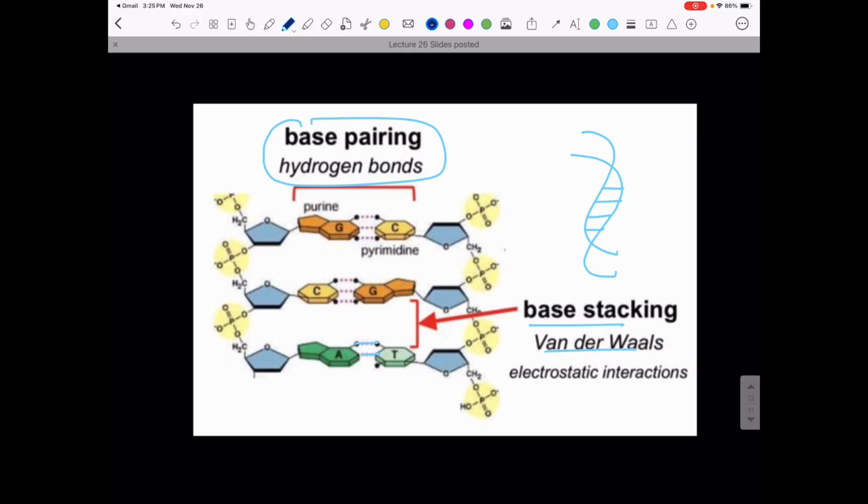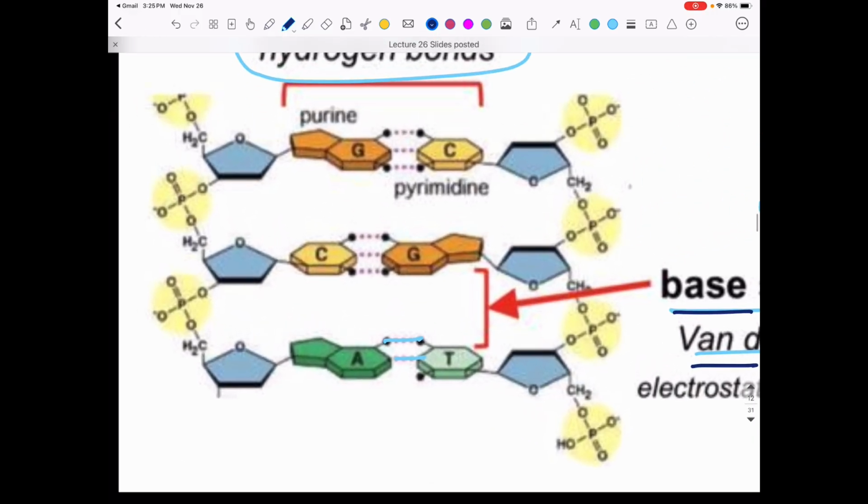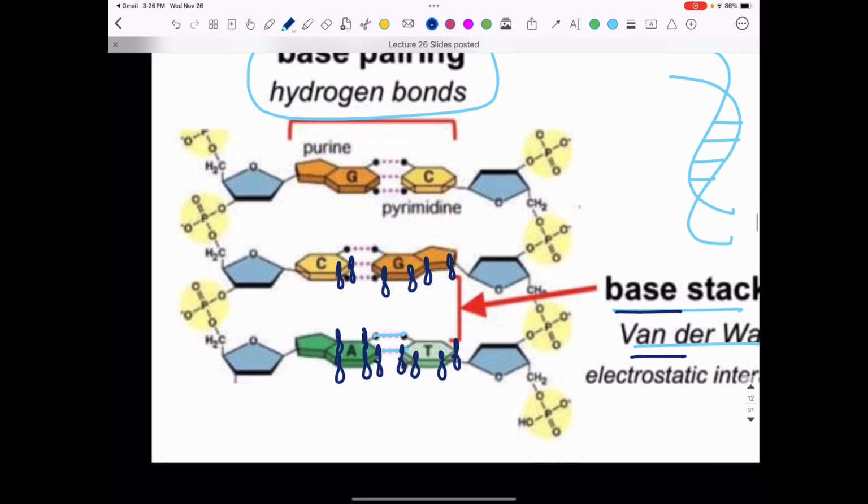Now, when I talk about the base stacking, it's the rings have pi bonds. You can see that there are a lot of these p orbitals which are going up and down each of the ring structures. When we talk about the base stacking, it's the interaction between these pi bonds. So there is a p orbital right here.